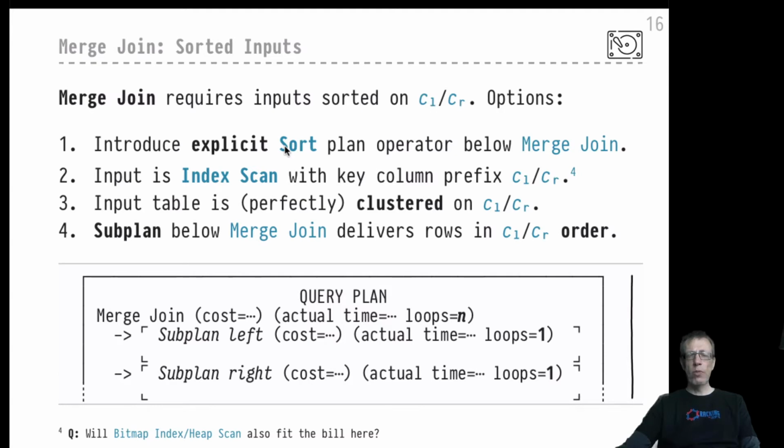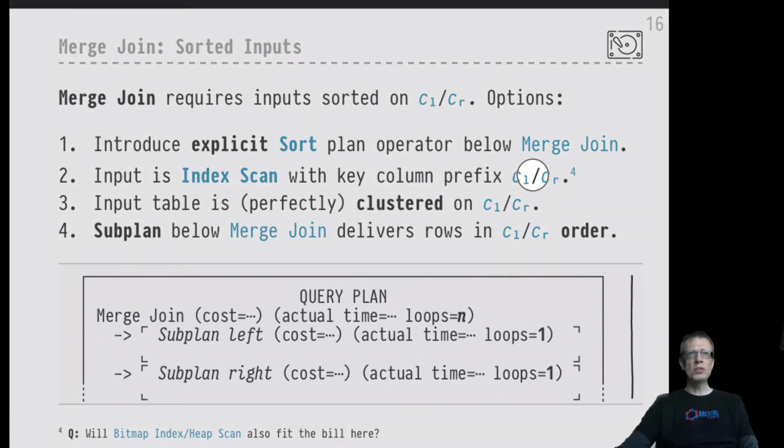These, of course, come with a cost, and the system considers this option, but it would rather not plan for an explicit sort. It would probably prefer situation 2, where I can exploit an index scan on the left hand or right hand, or maybe on both inputs, index scans that deliver their rows in CL or CR order.